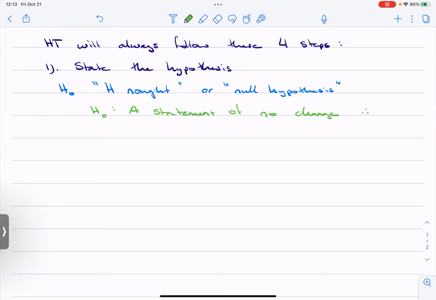For this reason, it's a statement of no change, so it's going to have an equal sign. What's nice about your null hypothesis is that it's always going to have an equal sign. So H naught will always have an equal sign.